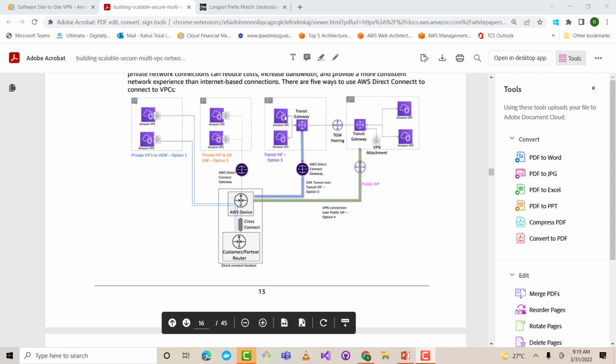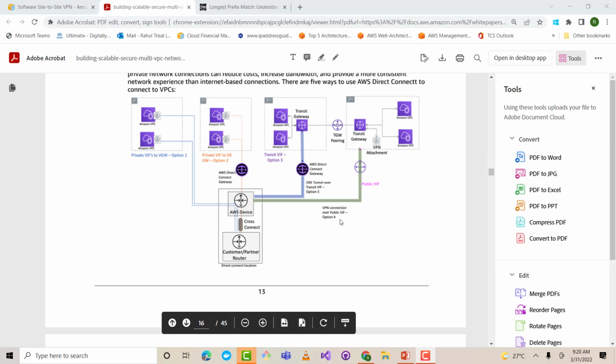So each VPC that you are trying to connect has a VPC attachment which connects to the transit gateway, which connects to the direct connect gateway using the transit VIF, and then you can establish the connectivity to your data center. One limitation here is that the transit gateway is region specific, but AWS provides the option of peering between various transit gateways to establish a cross connection between regions if you have VPCs in multiple regions.